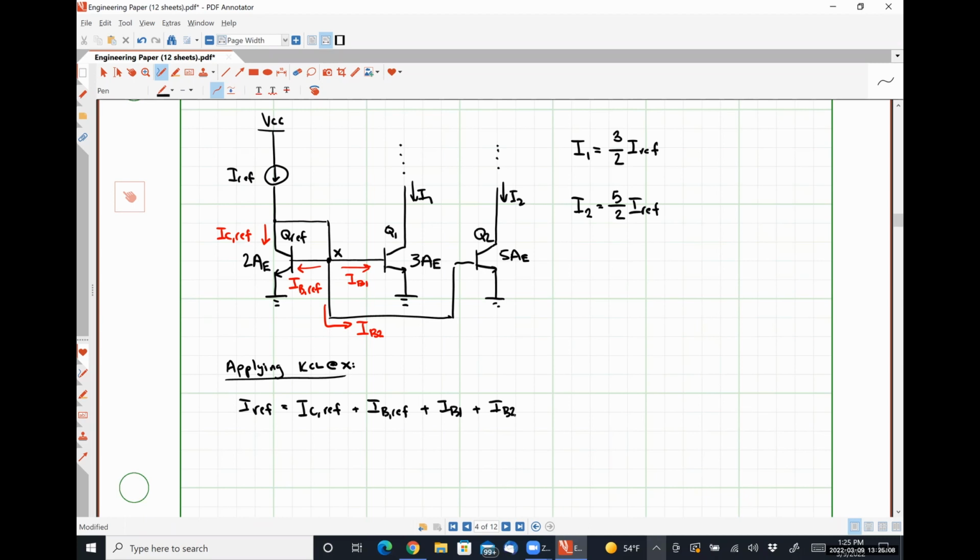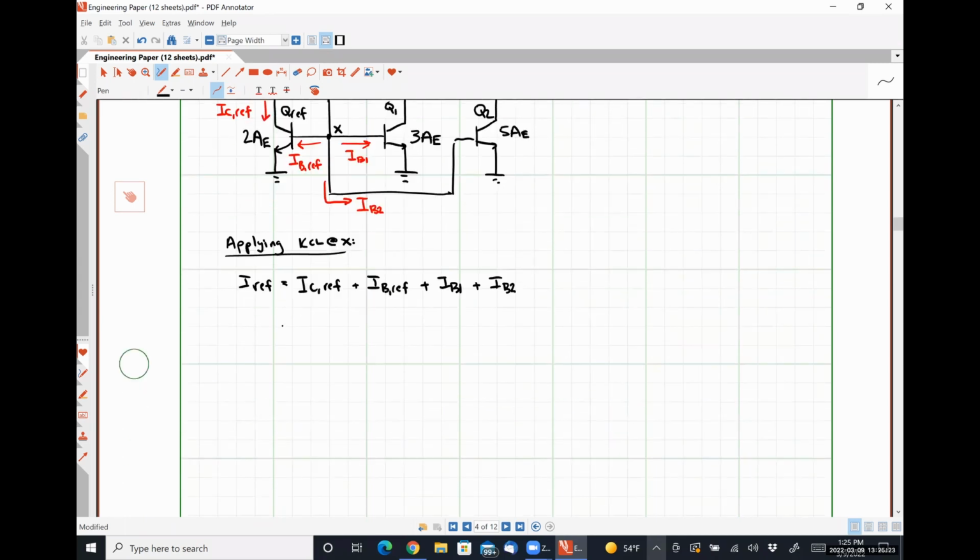Are we okay with that? All right. Well, obviously, IBREF is just ICREF over beta. Right? So we're going to have ICREF plus an ICREF over beta.